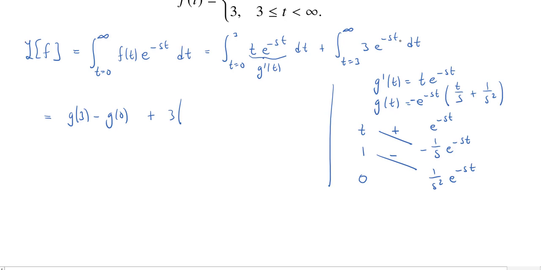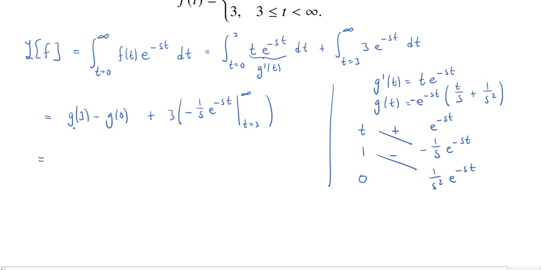And what's left over? Well, I take an antiderivative, just as I did here, and I get negative 1 over s e to the negative st, and we're going to evaluate that between 3 and infinity. All right, this infinity requires just a little bit of care, but we'll handle that when we get to it.